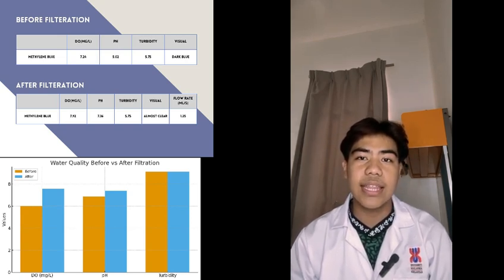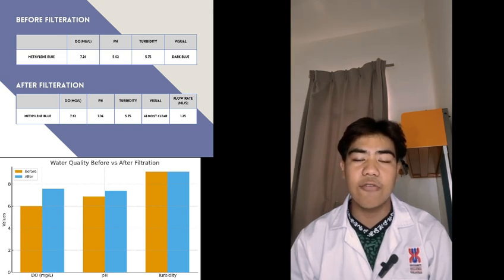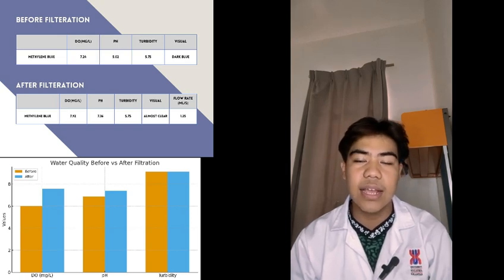This is a strong indicator that the filtration media effectively removes acidic compounds. Dissolved oxygen increased slightly from 7.24 to 7.92, confirming improved water quality. Turbidity remains stable at 5.75, but the huge improvement in visual clarity shows successful chemical and color removal.